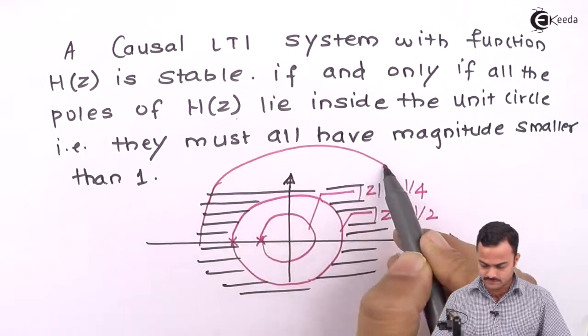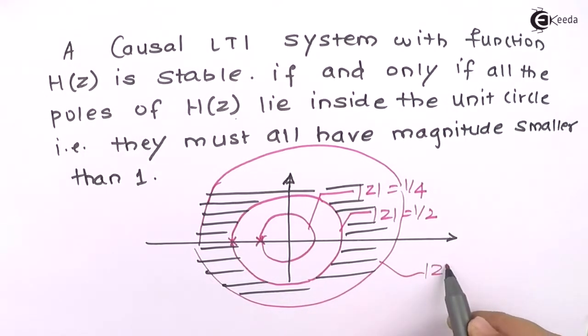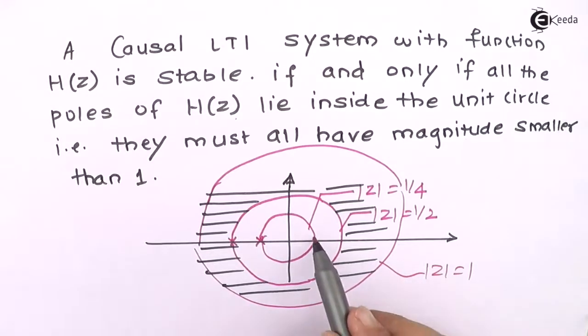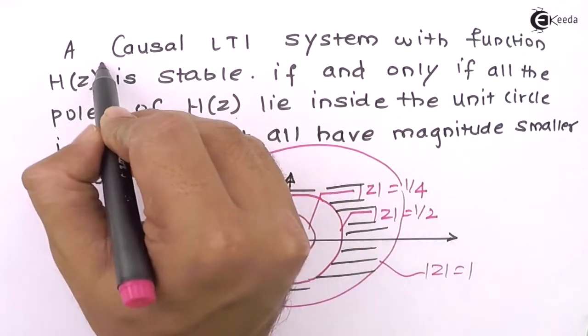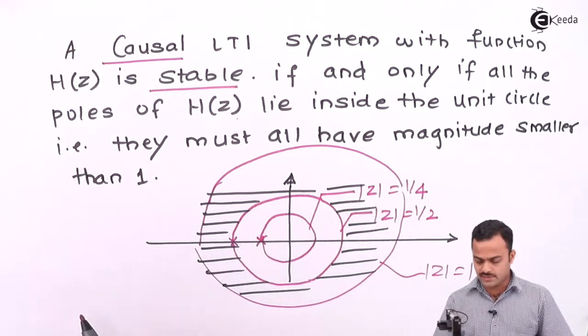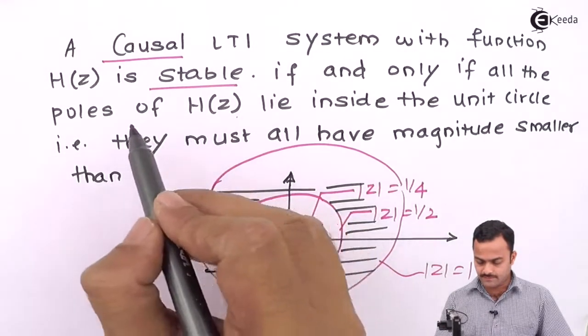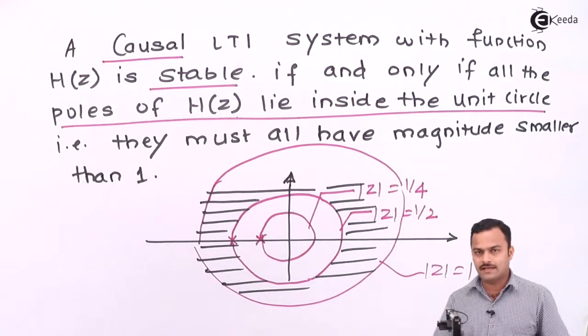So it is outside the outermost circle as well as it includes the unit circle. Hence the system will be causal, and at the same time it will be stable. So it's a very important statement. If poles lie inside the unit circle, then the system will be causal and stable. Thank you.